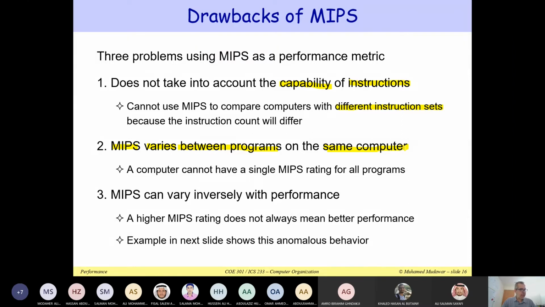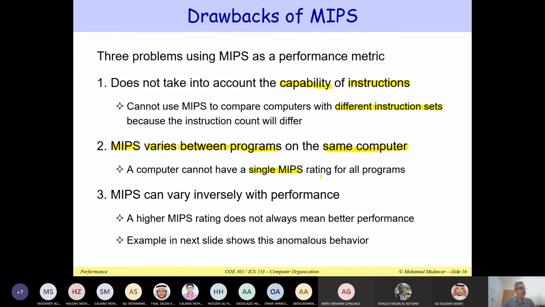The CPU can give you different MIPS ratings if you run different programs. Why do we get different MIPS ratings? There is no single MIPS rating for all programs. Even on the same CPU, if you don't change the CPU, you will get different MIPS ratings.